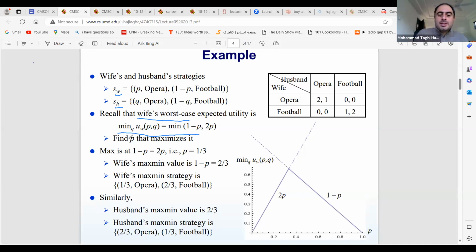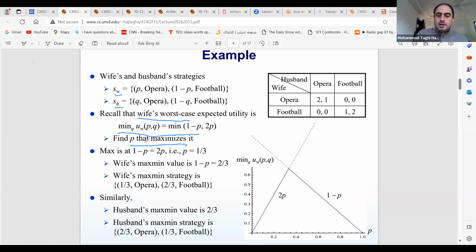So let's find the p that maximizes this. This is the formula, and we want to see which p maximizes it. The wife takes p opera and 1 minus p football. I mentioned q, but for the wife it is p and for the husband it is q.